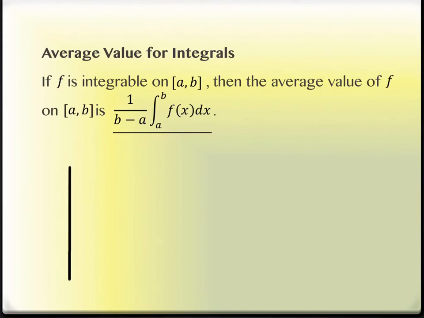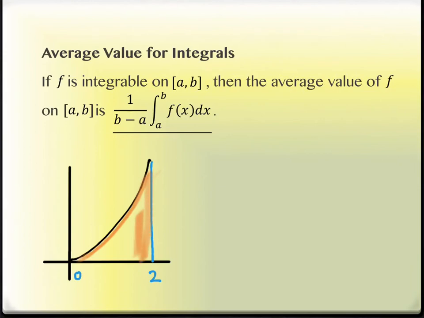And I'm just going to draw a bigger version of the graph we just had. Okay, so imagine that the part in orange were somehow made out of clay or Play-Doh.